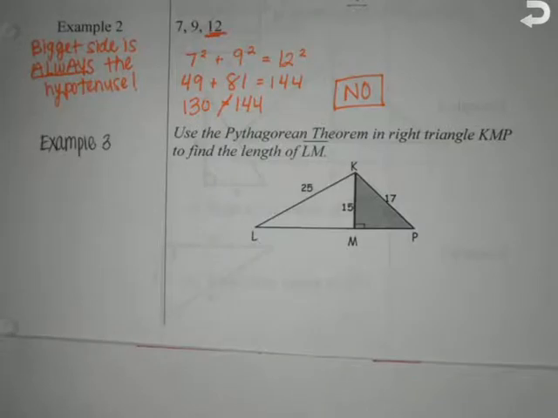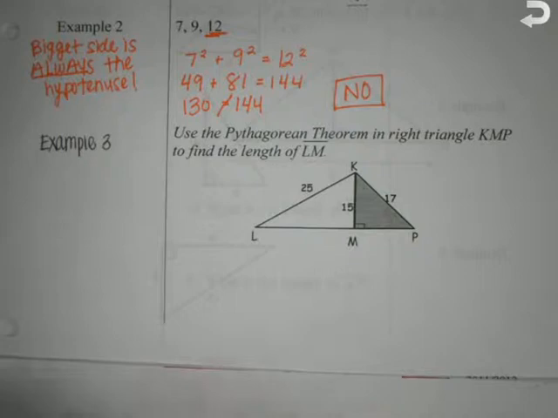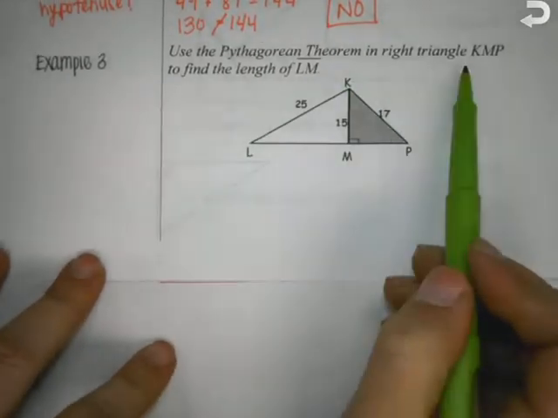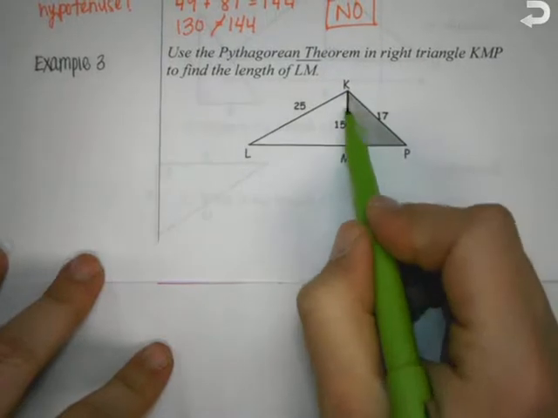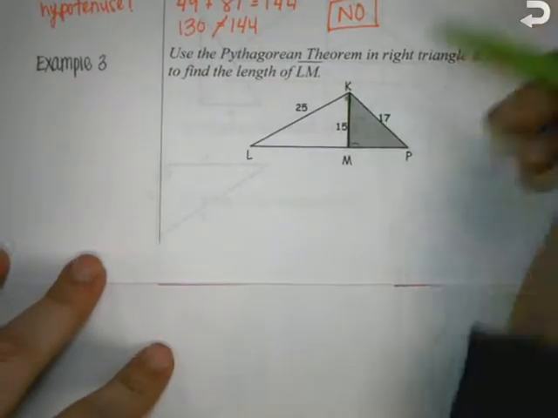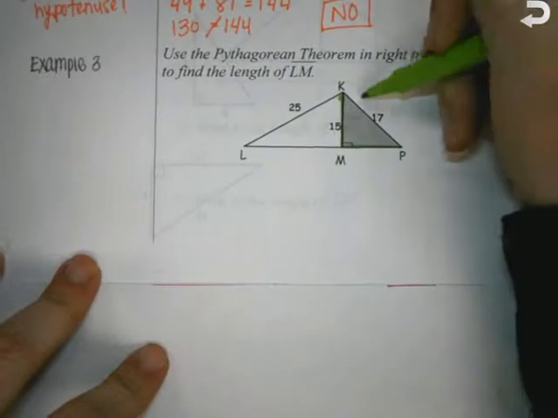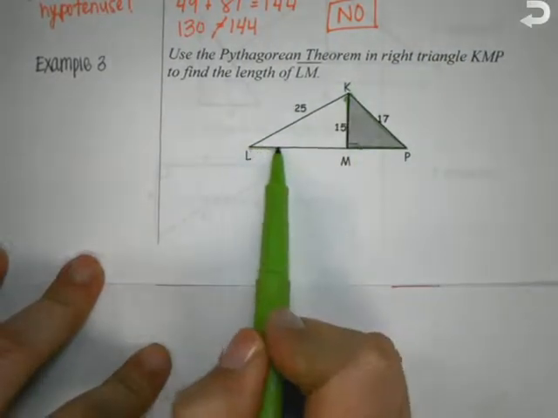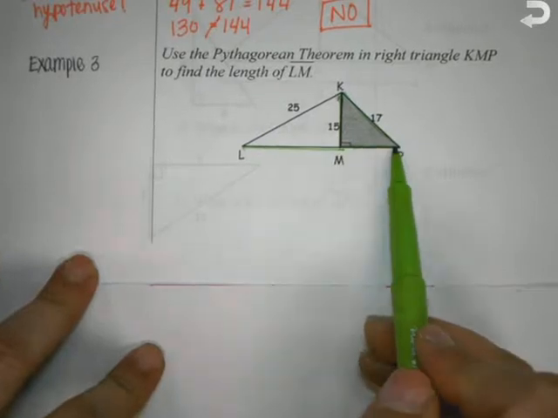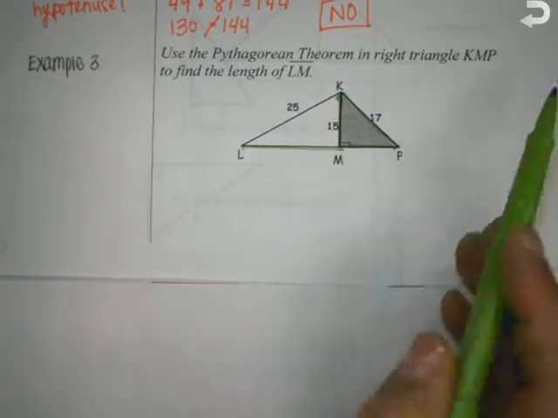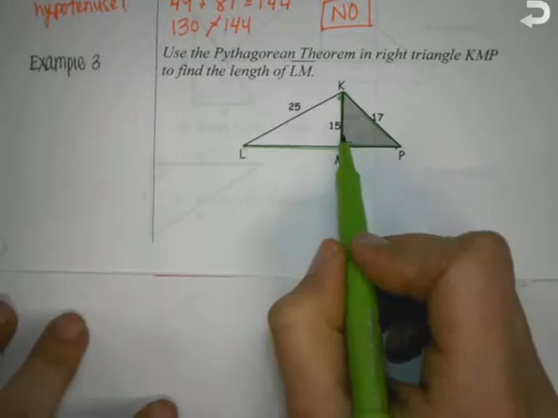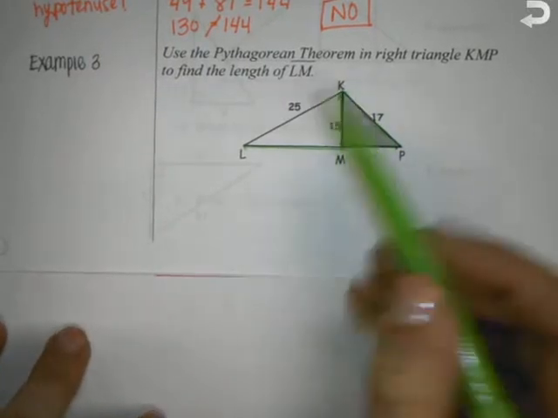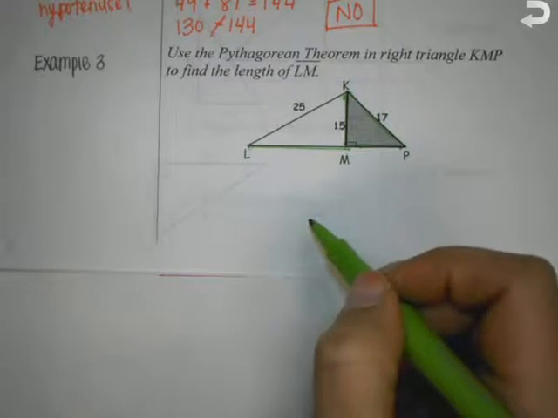Let's look at example 3. I want to use the Pythagorean theorem in right triangle KMP, so that's this triangle right here, to find the length of LM. So I know that KMP is a right triangle. Is triangle KML a right triangle? It is.